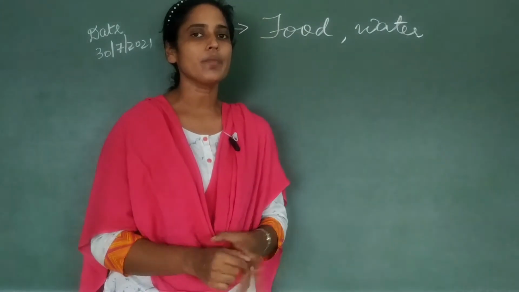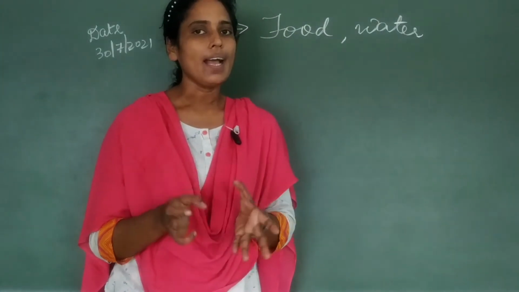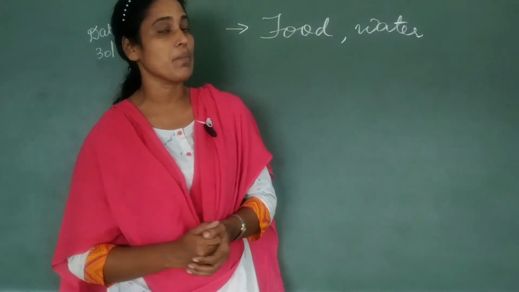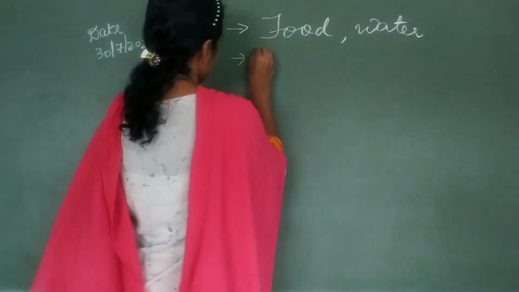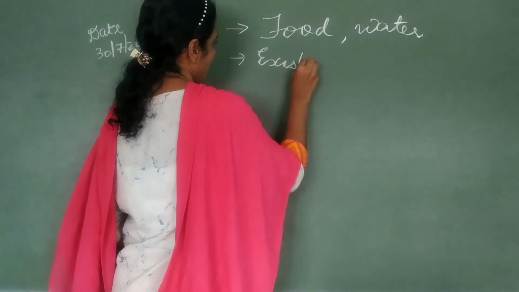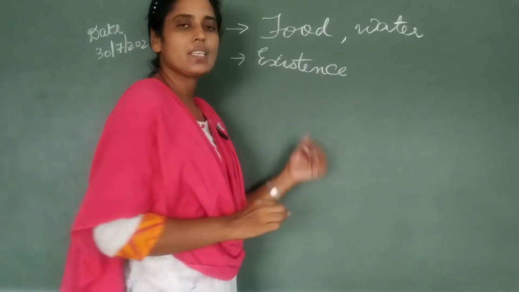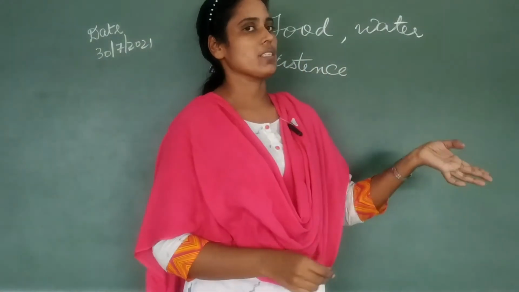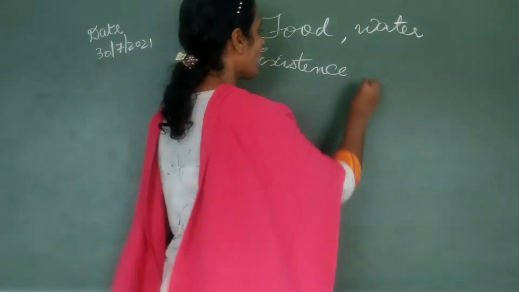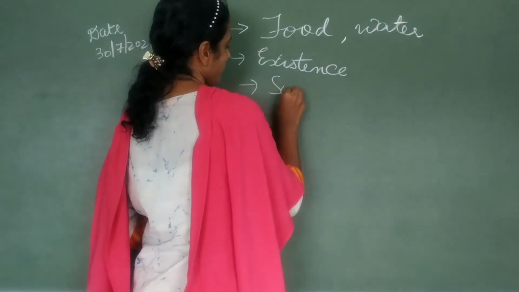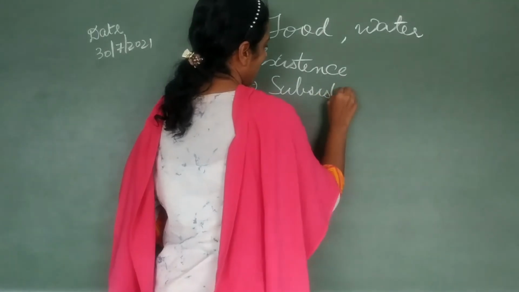So we can see that existence and subsistence of human life is based on biosphere. Existence means the living or the life sustenance of human beings is totally based on biosphere, as well as the subsistence. Okay, that is support system.